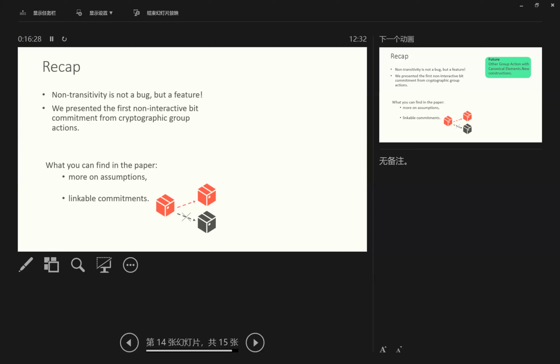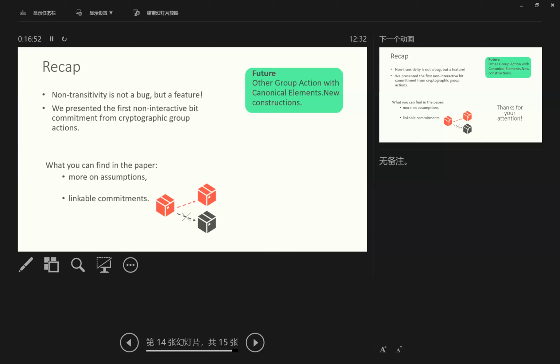Our commitment is also verifiable. This means that even if someone does not know the value inside a commitment, whoever produced it can prove what it commits to.